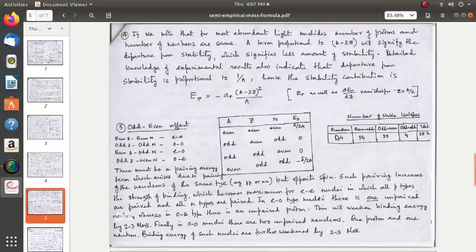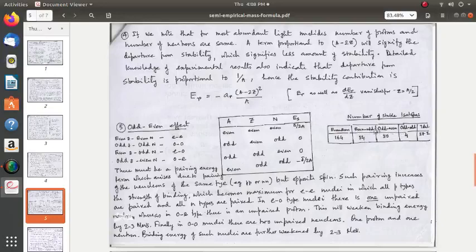There is a large contribution when both the proton number and neutron number are even, and there is a negative contribution when both of them are odd, and there is no contribution when either the proton number is even and neutron odd, or proton odd and neutron even.